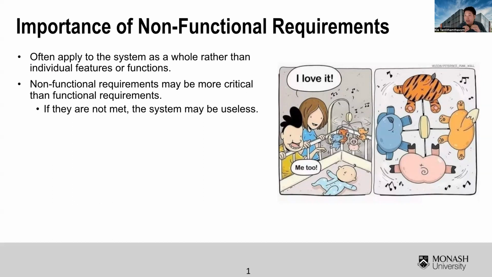Whether the adding function works correctly or not, whether the multiply function works correctly or not. But at the end of the day, the functionality of the system may be correct, but it may not meet the end user requirement anyway. So normally the non-functional requirement matters here, right? We normally have the acceptance testing, okay, to test whether the whole system meets the end user requirement or not. It's not just one unit function, okay?